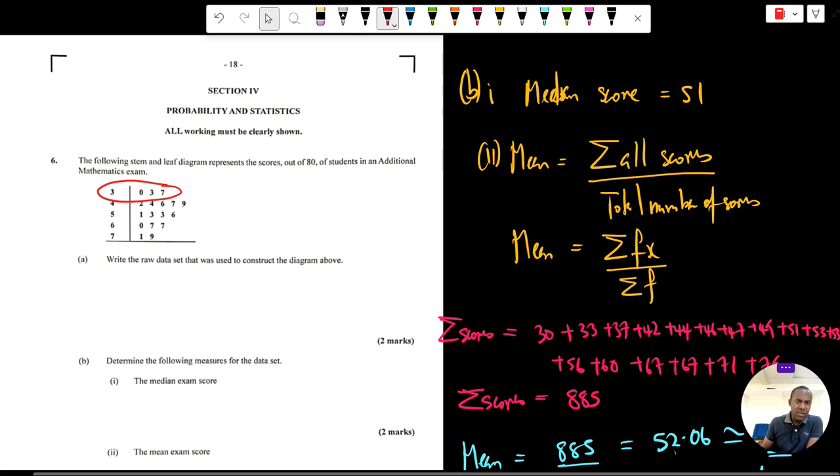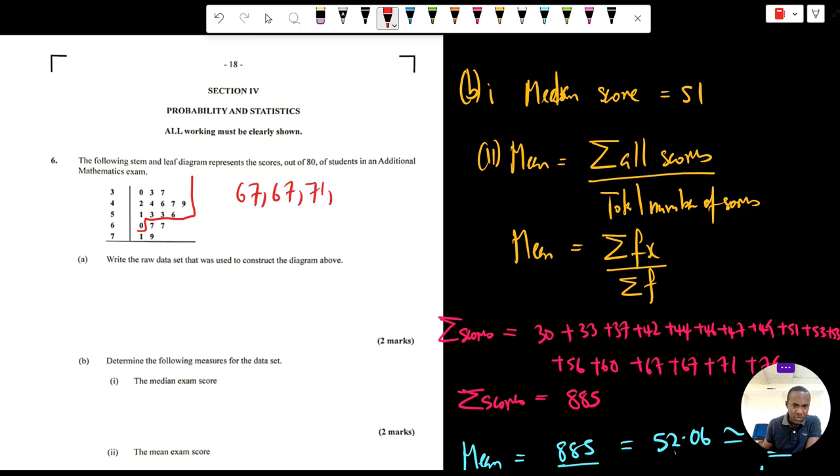So look at these scores in the stem and leaf diagram. Up to this particular point is where the students scored up to 60, so we'll basically exclude these. And therefore, there are 4 scores that are over 60, and these, of course, are 67, 67, 71, and 79.